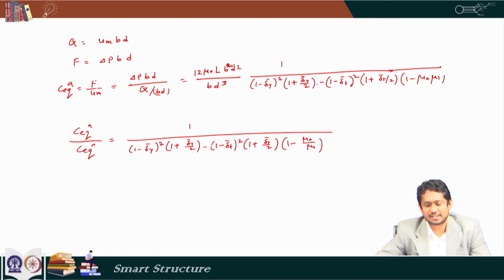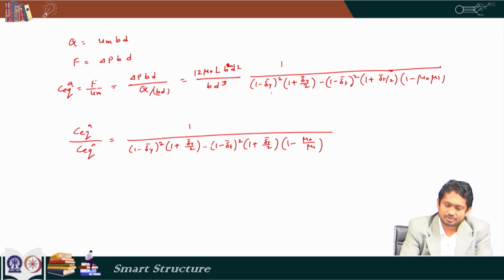So, the entire region has just one constitutive relation, which is mu into the shear strain rate. Now, because these quantities are 0, so Ceq at 0 is just this. So, if I divide this quantity by just this, we have the Ceq active by Ceq 0 as this.